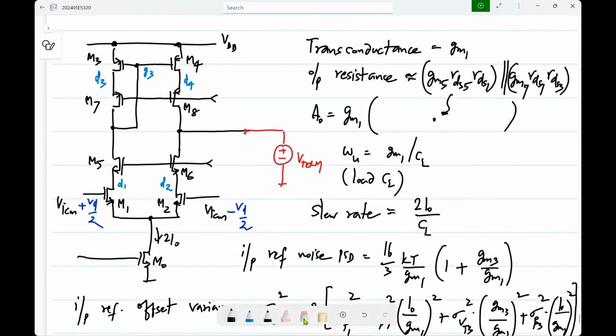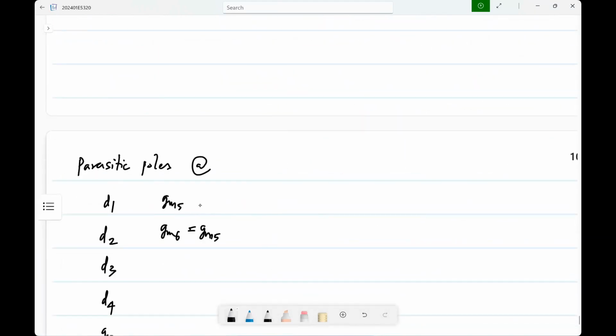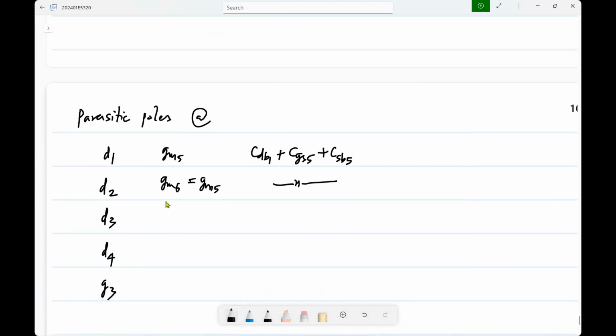What is the capacitance you get at this point? You have CDB of M1, CSB of M5, CGS of M5. And here it is the same thing, right. So these two actually provide the same pole for two halves of the current. So eventually you will have only one pole because of that.